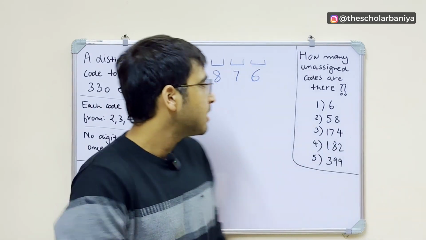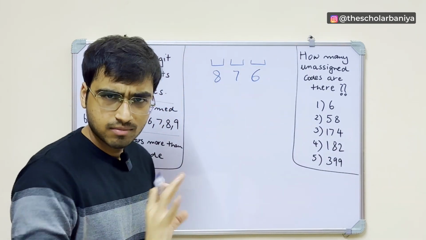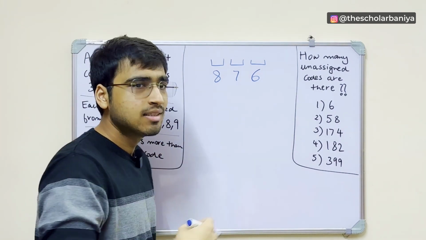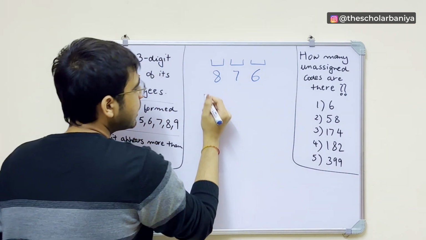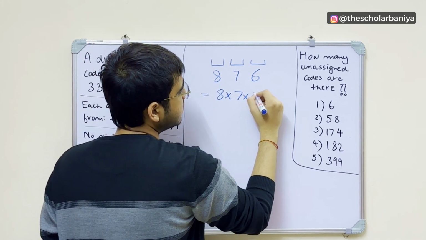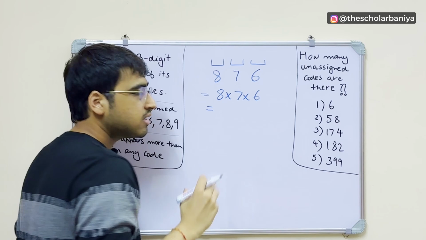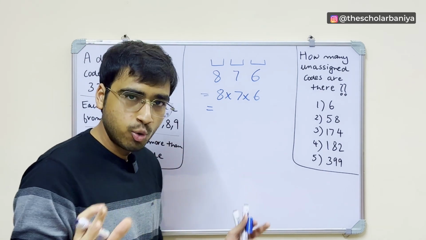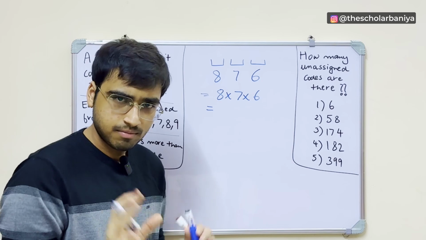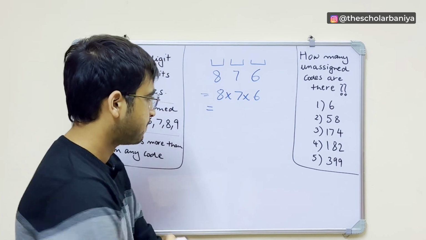So the total number of distinct codes possible is 8 into 7 into 6, in which all the digits are different. I hope this makes complete sense.